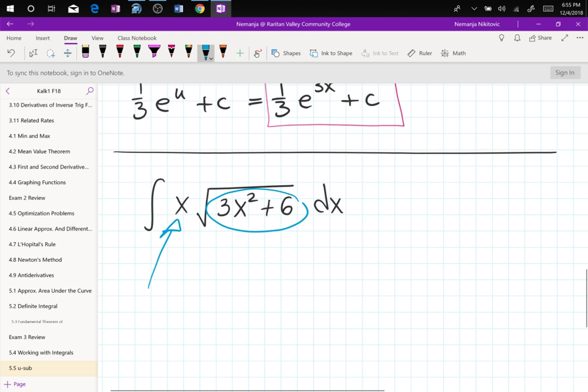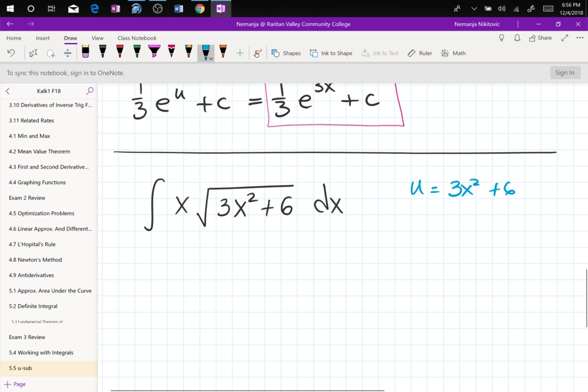So if you take a look, you have a function x squared, and then you have a single x. I call that a function derivative pair, and your function is always u, because its derivative, that's also present, is going to stay as a du part, because du comes from the derivative. Bueno? So, I will set u to be 3x squared plus 6.